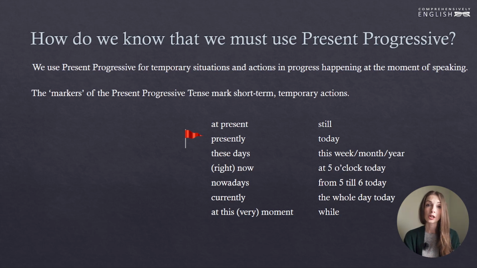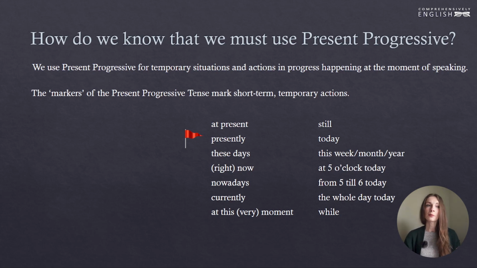These are all the words that help us speak about something which is short-termed, something that is temporary, not permanent. These markers are at present, presently, these days, now or right now, nowadays, currently, at this moment or at this very moment, still, today, this week, this month, this year, at 5 o'clock today, from 5 till 6 today, the whole day today, and while.